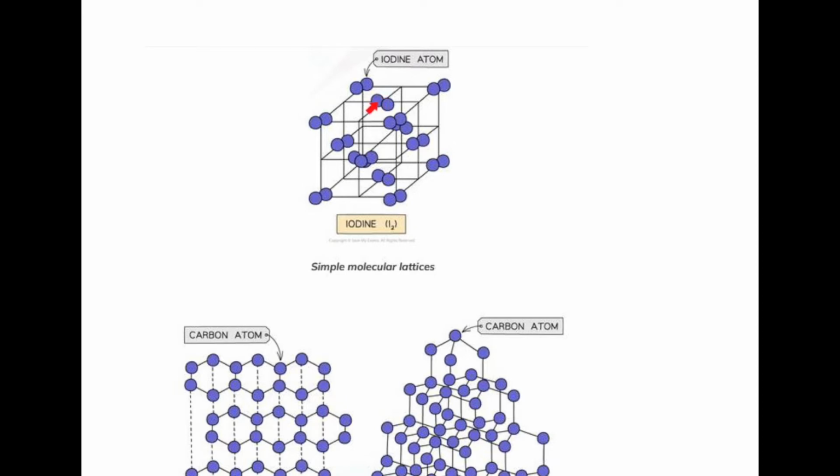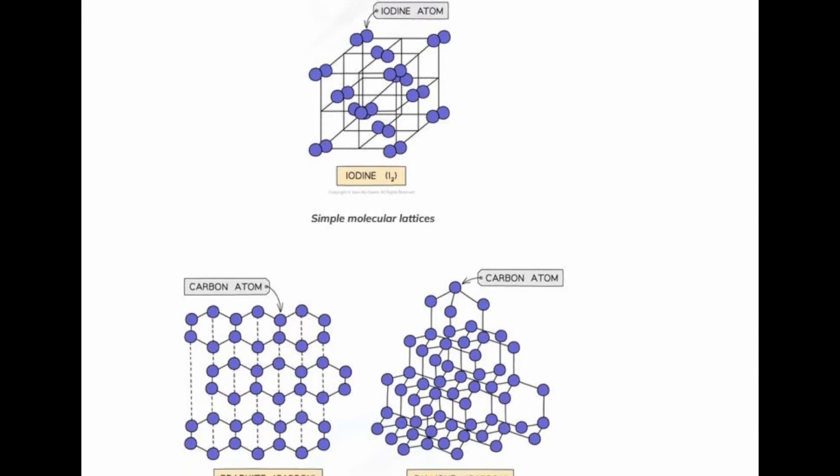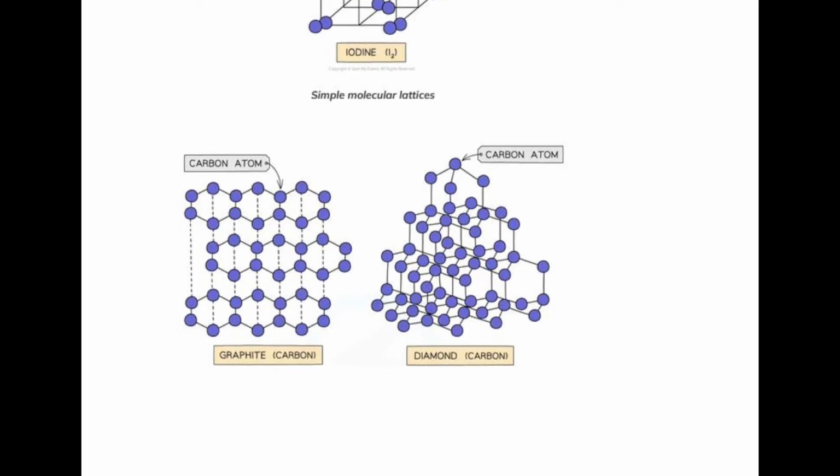On the top surface, there is one molecule in the middle. On the right surface, there's one more. Front surface, left surface, bottom surface, and the back surface. So there is a cube shape with one extra molecule on each surface. So that is iodine.